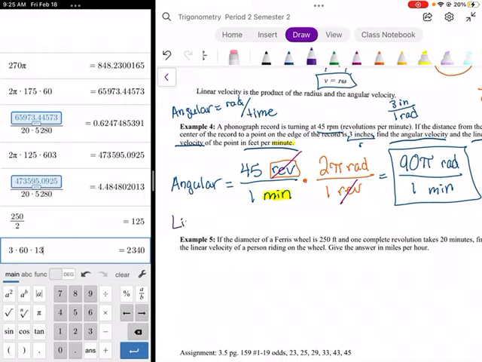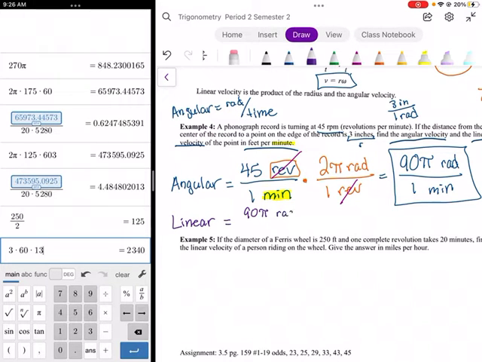Our next one, we're going to do linear velocity. So for linear, we know that we need to have distance over time. We already know the angular velocity, so we can use that if you want, or you can start over at the beginning with 45 revolutions per minute if you would like.